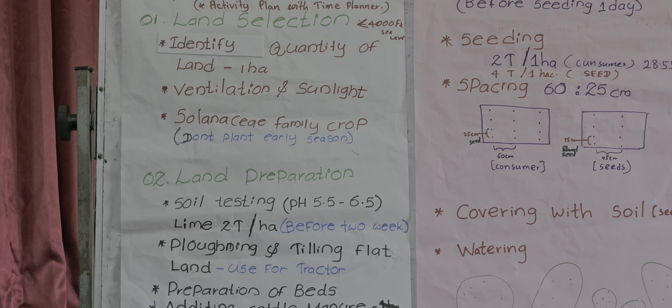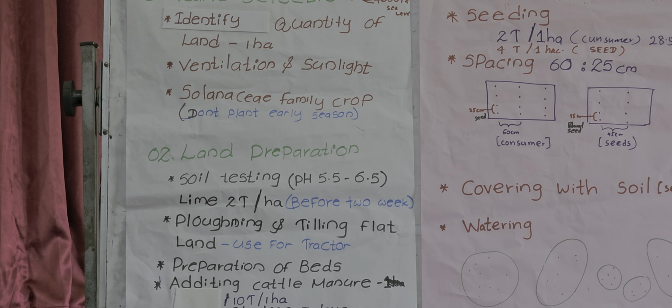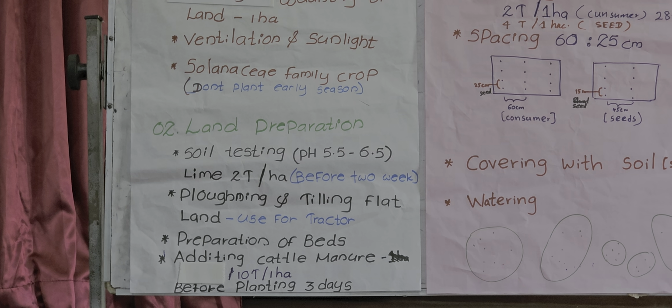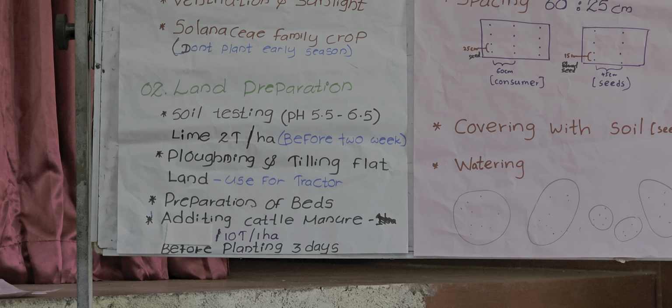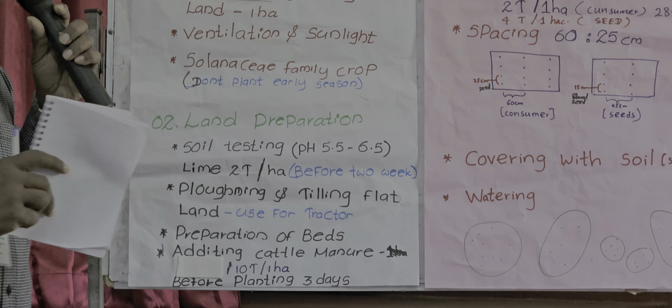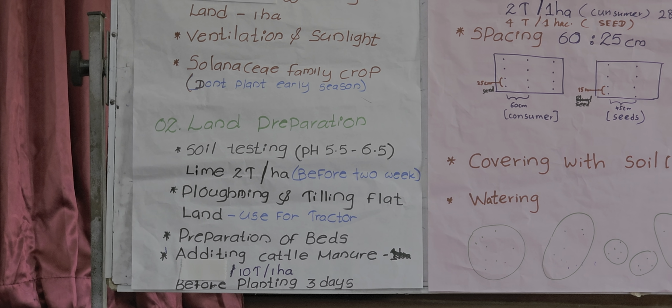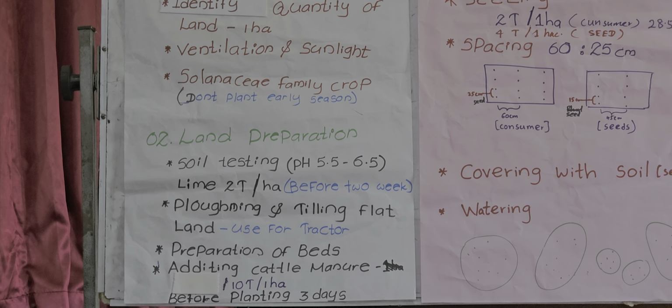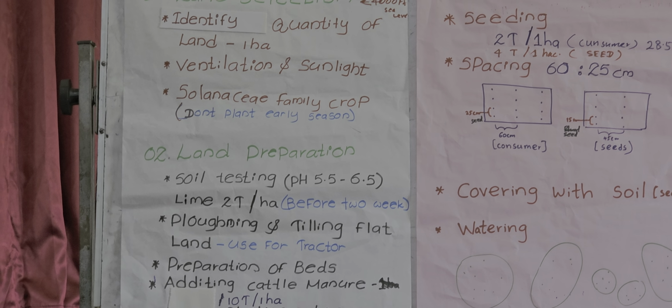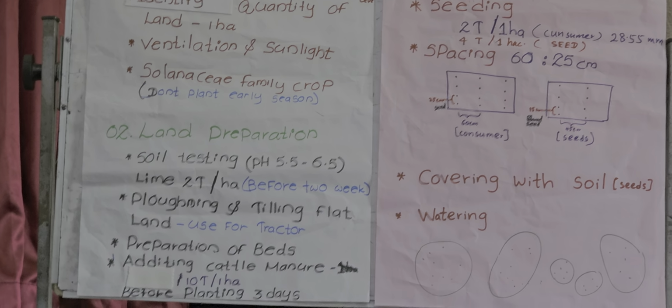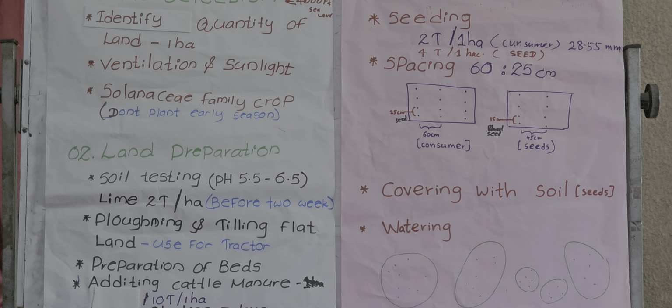First, we want to do soil testing. The soil pH should be 5.5 to 6.5. Then we normally use lime, 2 tons per hectare, 2 weeks before planting.